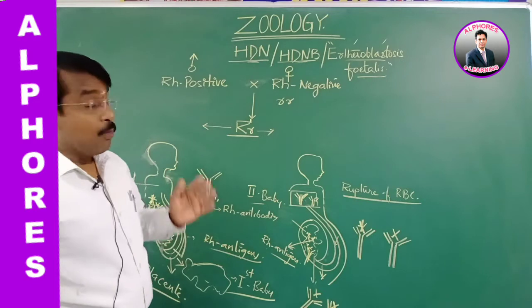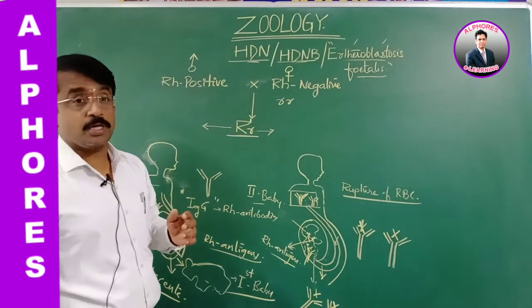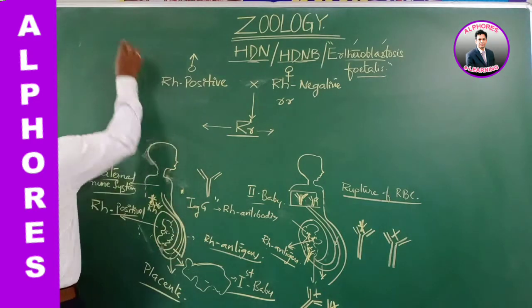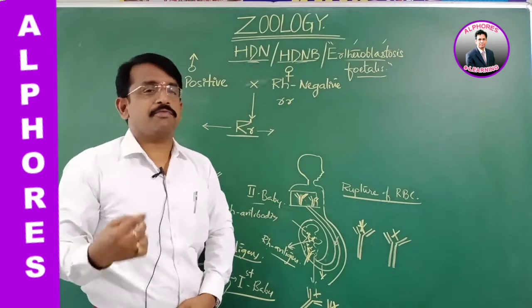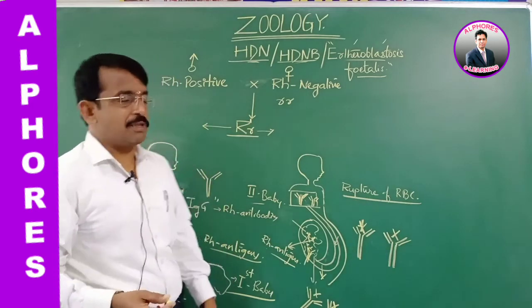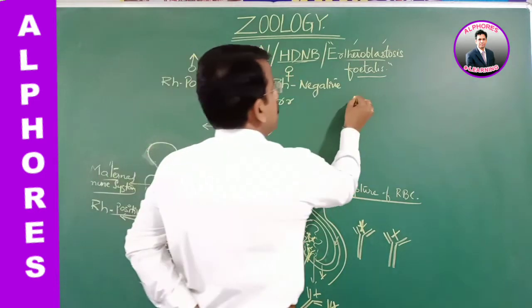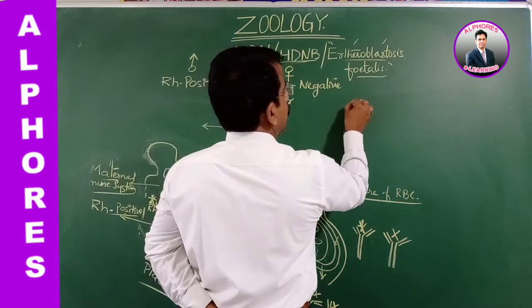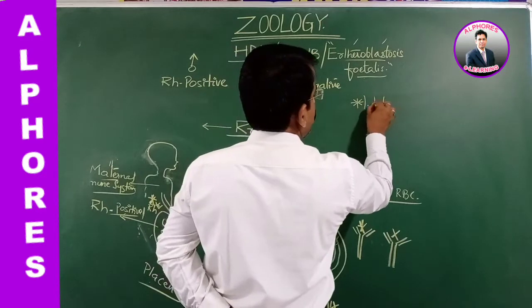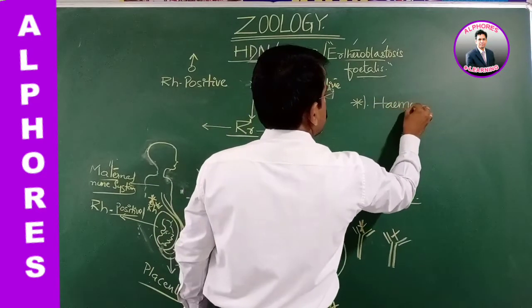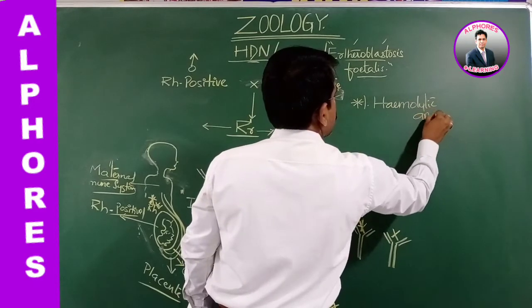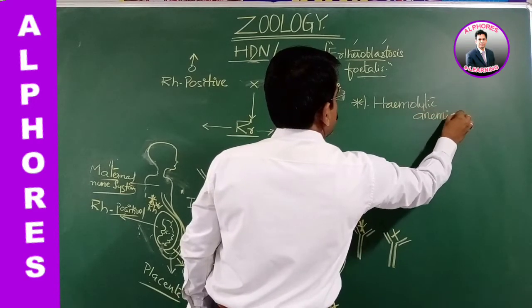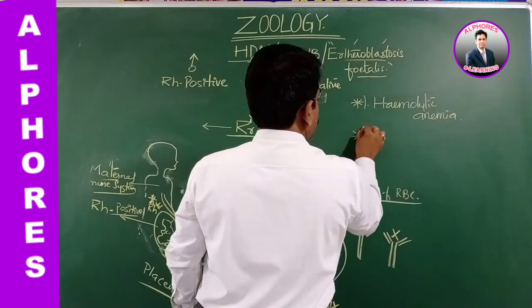So what are the symptoms in this? If a fetal death does not occur and the baby is born, the newborn suffers from two symptoms: hemolytic anemia as well as jaundice.